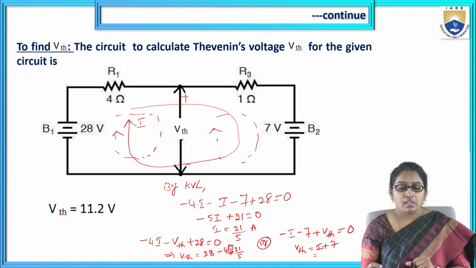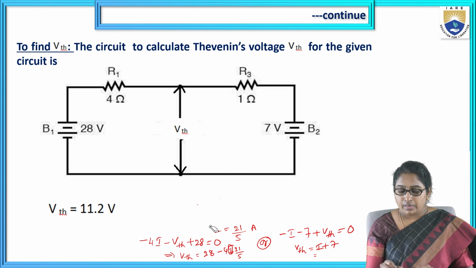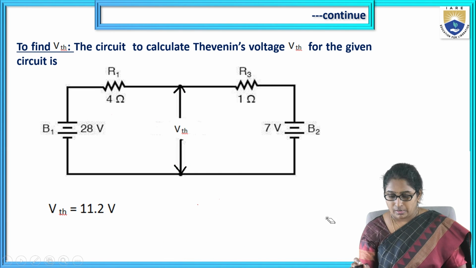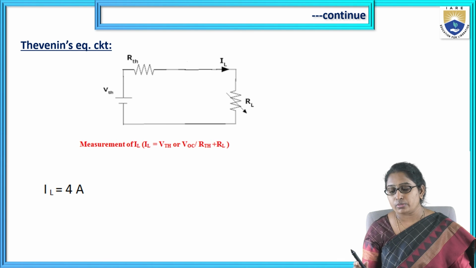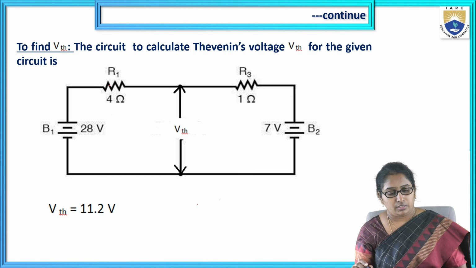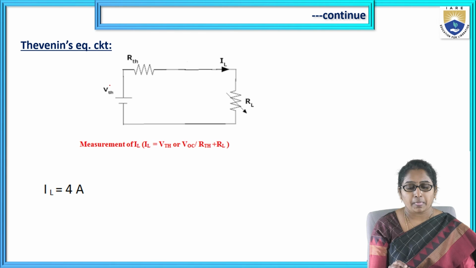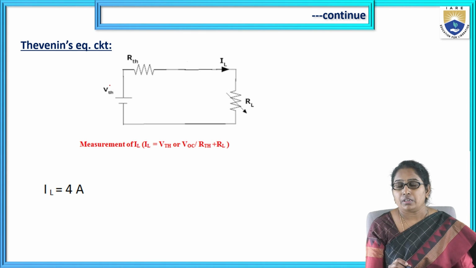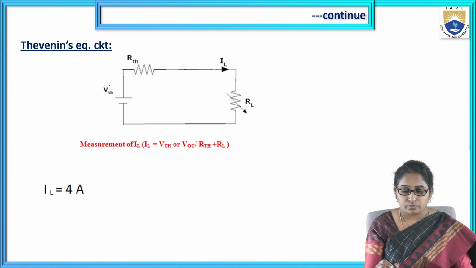So that is how to calculate VTH for this circuit. Next, the last step: Thevenin's equivalent circuit. VTH we have is 11.2, RTH is 0.8, and RL is 2 ohm.